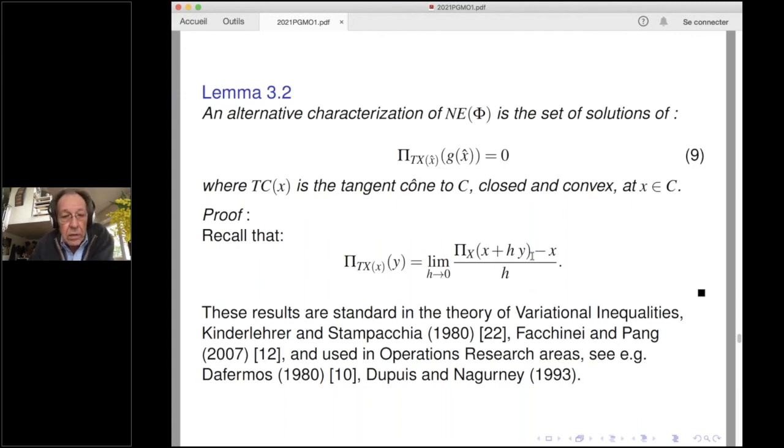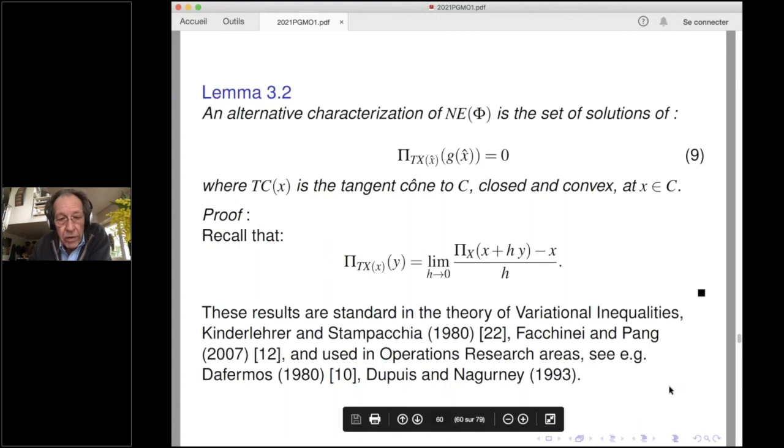So this is equivalent to the previous. These results are quite standard in the framework of the theory of variational inequalities. These are a few references, and these operators were used in operational research, for example Dafermos, Dupuis, Lagournet. There are plenty of references here.